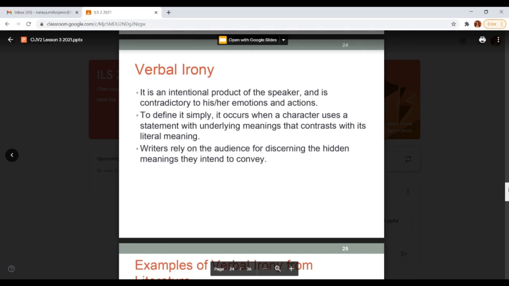And writers rely on the audience for discerning the hidden meanings they intend to convey. And, in communication, you also rely on the co-speaker to understand this additional intention that you're promoting when you're being ironic.